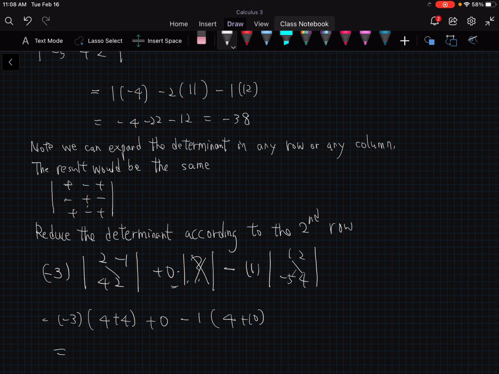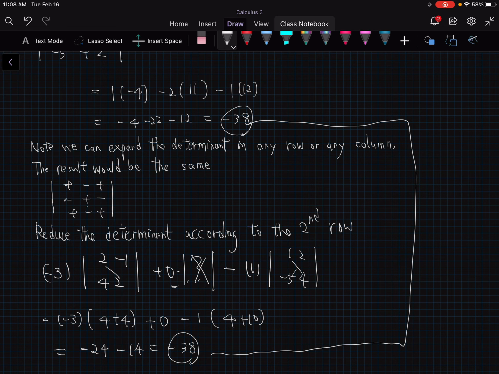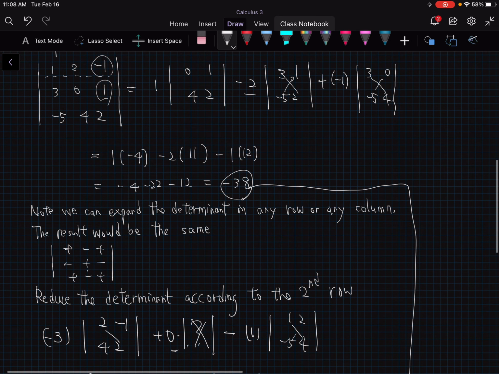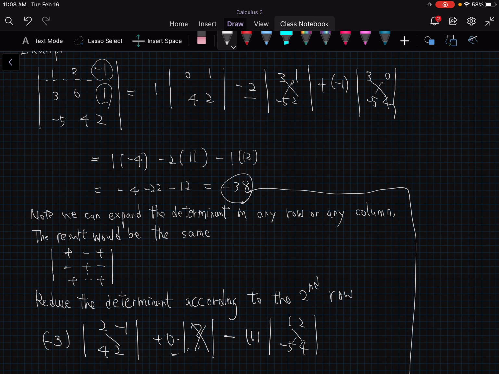So the answer is negative 24 and minus 14. Result is minus 38. As you can see, the answer will be the same. However, you see the benefit of expanding according to a column or row with a 0 in it. So that would be an introduction for the determinant.